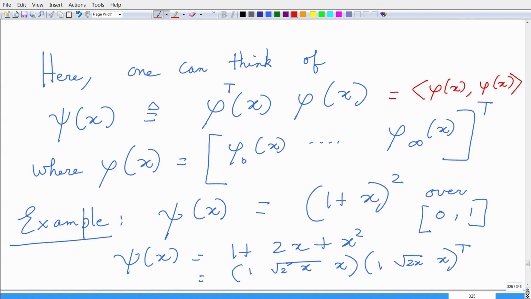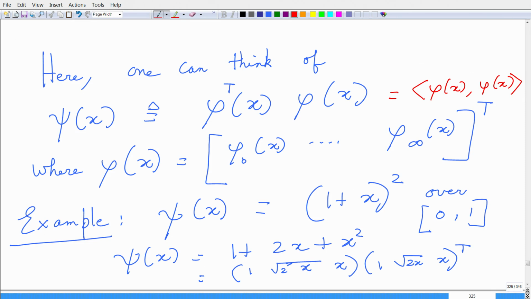So, let us take a finite case and see how this can be realized. Suppose we define psi of x as the function 1 plus x whole square over the interval 0 comma 1, which is a closed interval. I can expand 1 plus x whole square as 1 plus 2x plus x square, and this can be thought of as a dot product of two vectors, one with 1 on the first coordinate, root 2 x on the second coordinate, and x square on the third coordinate.